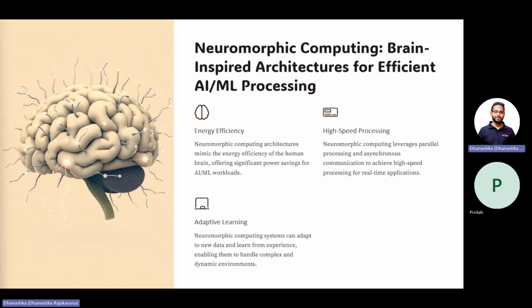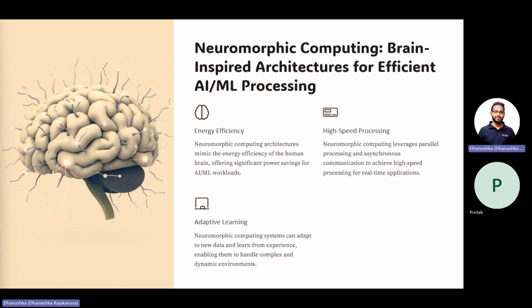Robotics and autonomous systems, facilitating low latency decision making and learning, enhancing navigation and interactions. In healthcare, efficient processing of biomedical signals like EEG or ECG for diagnostics and wearable health monitoring.